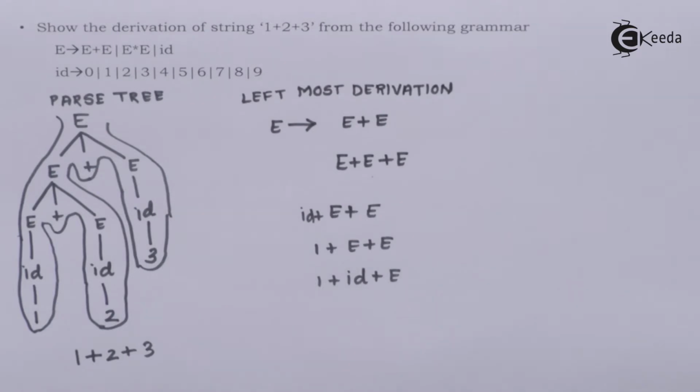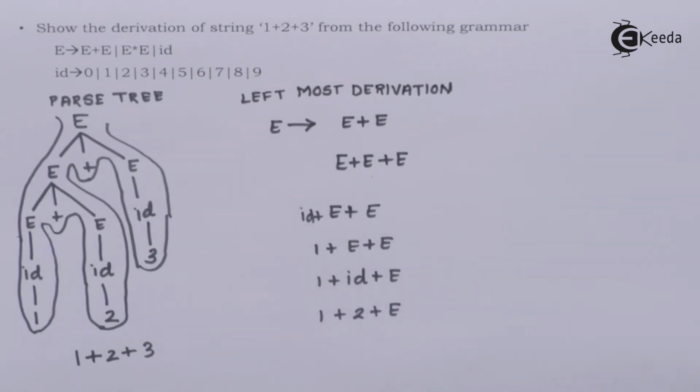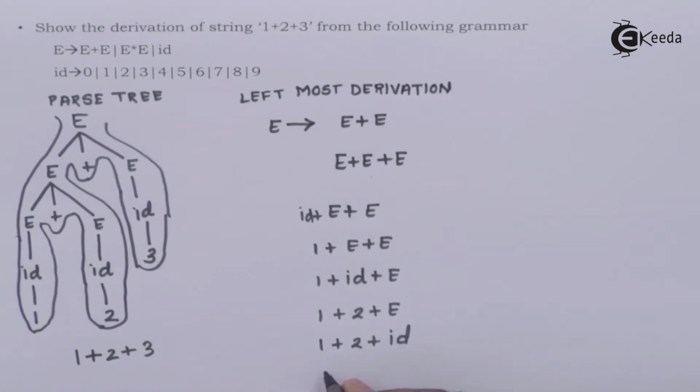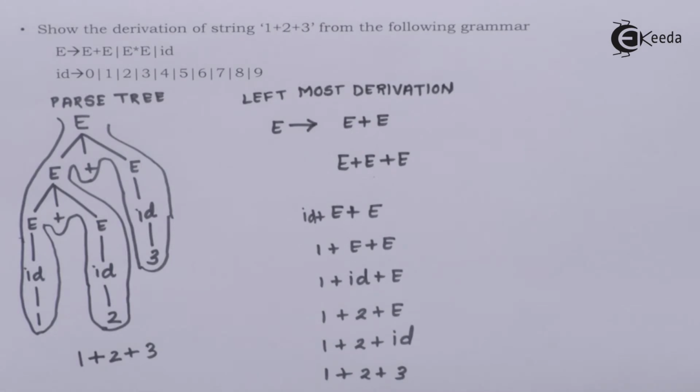The ID would be replaced with 2. Now the third E is replaced with ID. And now we are producing the 3. You can see that we have produced the required string. We have produced the parse tree. We have completed the leftmost derivation.